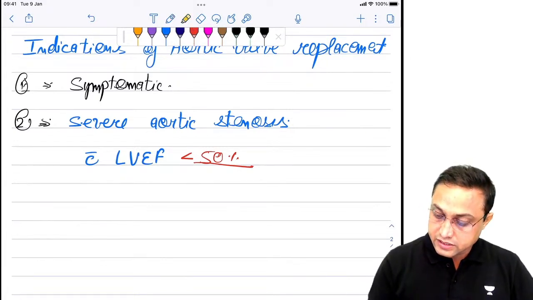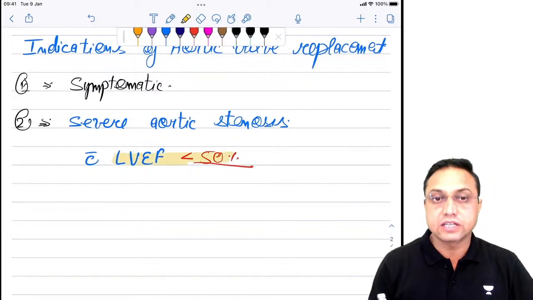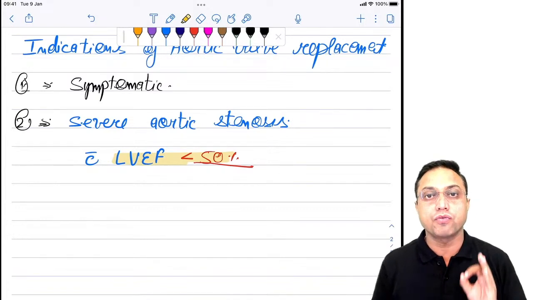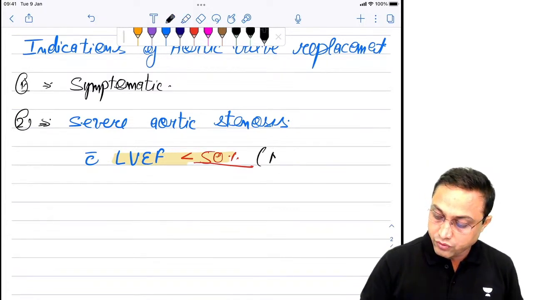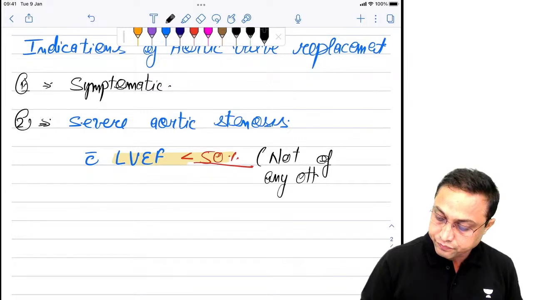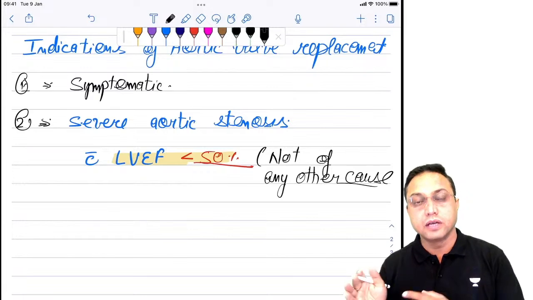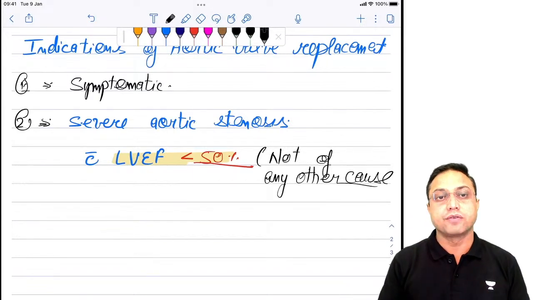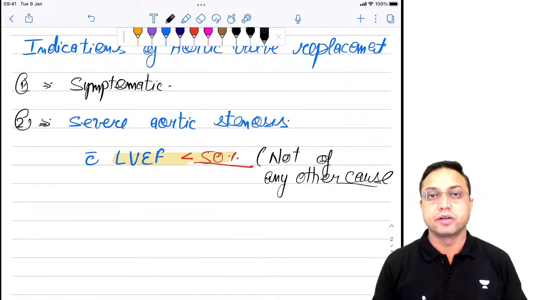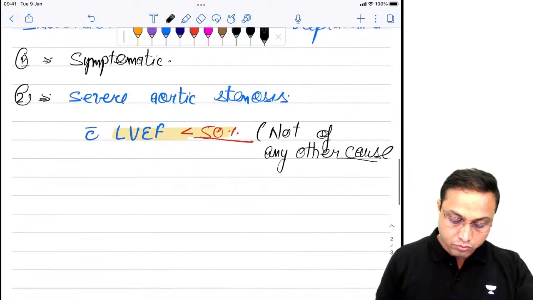And guys, understand the concept over here: this ejection fraction of 50% or lesser should not be because of any other cause. This is the important thing. So if it is there and the ejection fraction is less, and you are finding that the patient has hypotension, weak pulses, and is getting dyspneic, right? Then you are obviously going to mark this.